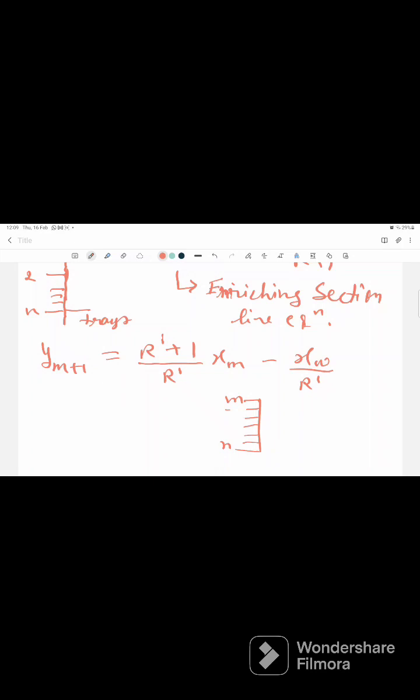This is defined for the trays. R dash term is V by W. Vapor coming in through a reboiler.